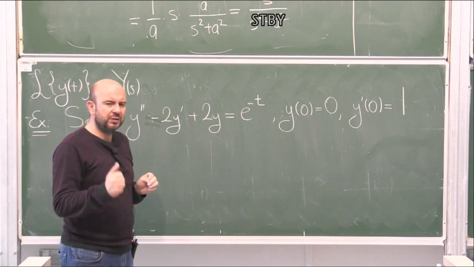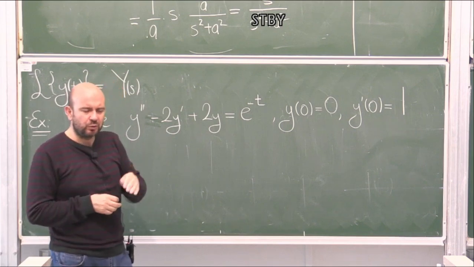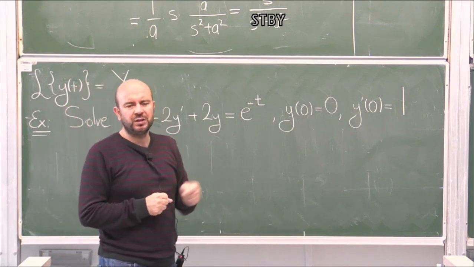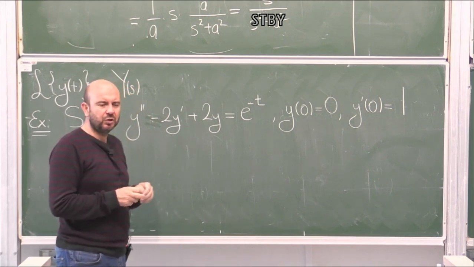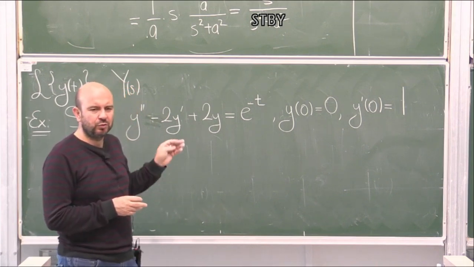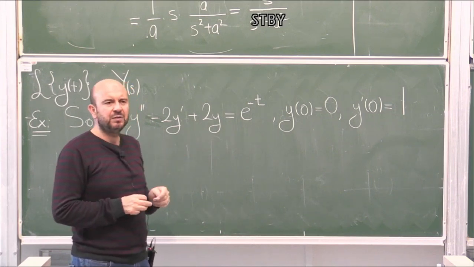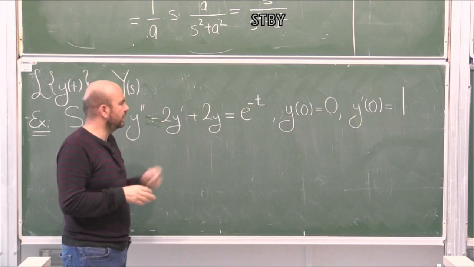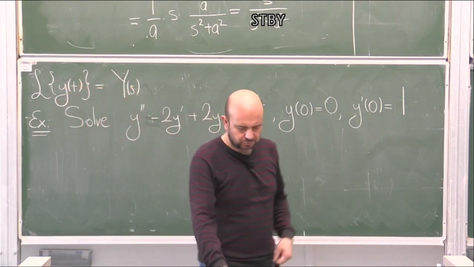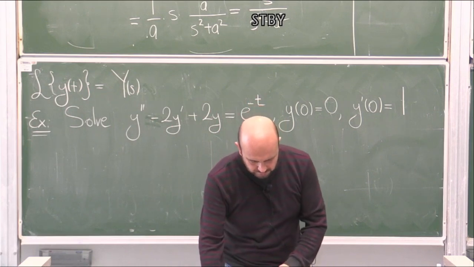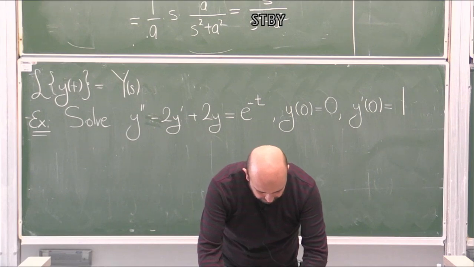So I will first do it in the typical way, and then I will solve the same problem by using the Laplace transform. And I'm going to time them. I will see in how many minutes I solve the first one and the second one. After this, we will decide which method is better. Okay, let's start. Let me just do my timing.